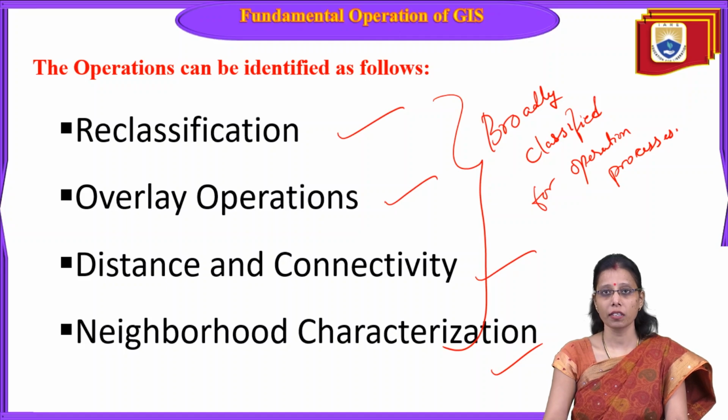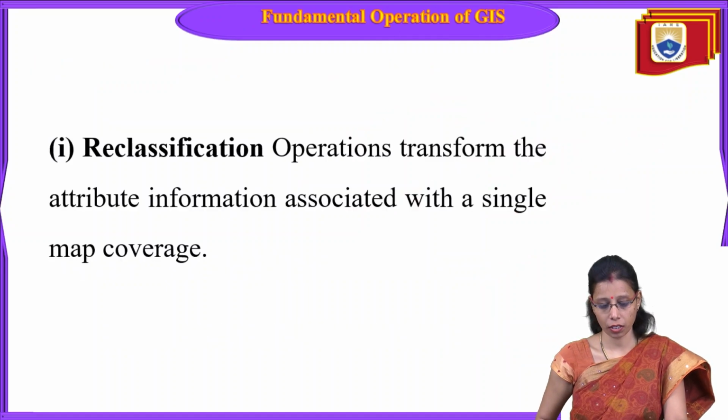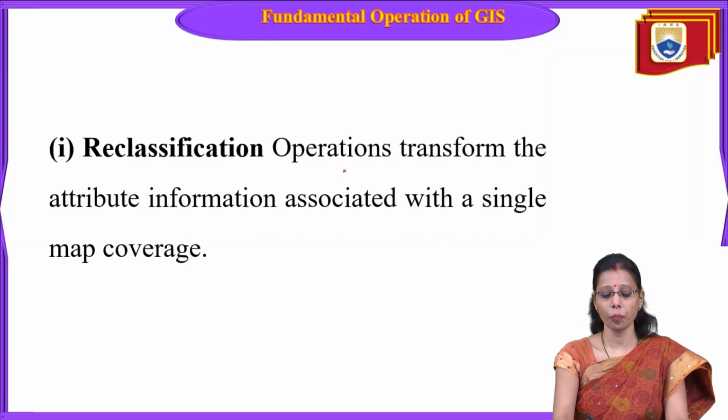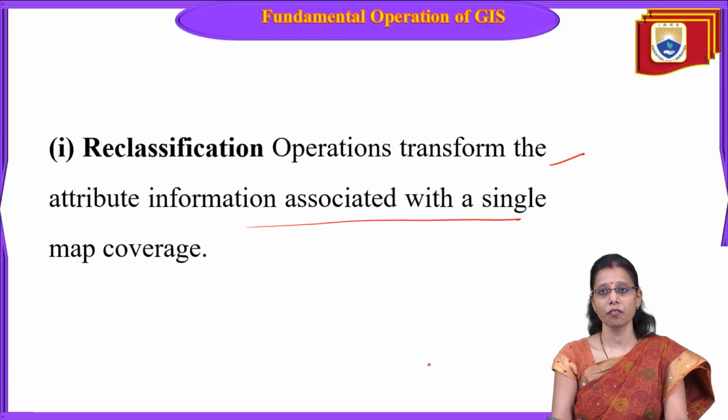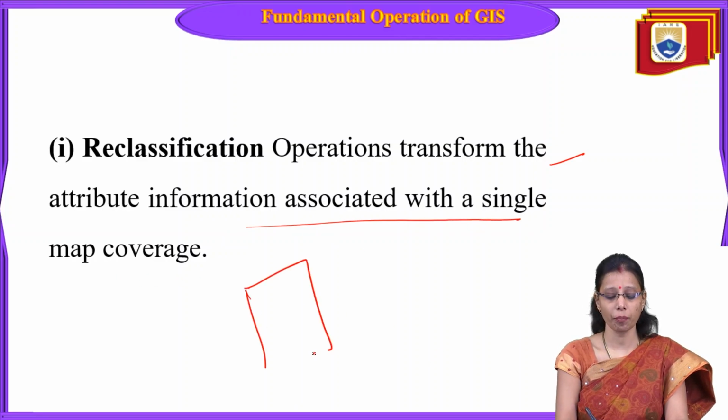So let us start with reclassification. What is reclassification? Reclassification is the operation that transforms the attribute information associated with a single map coverage. For example, you have a map here. In a single map we have different features.